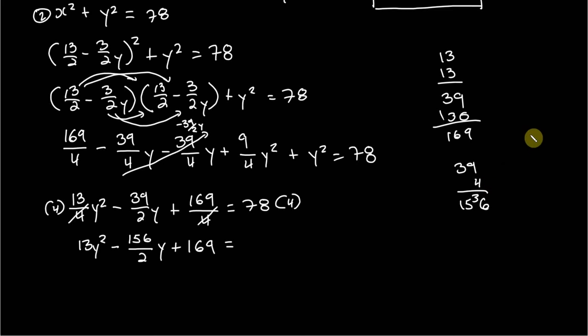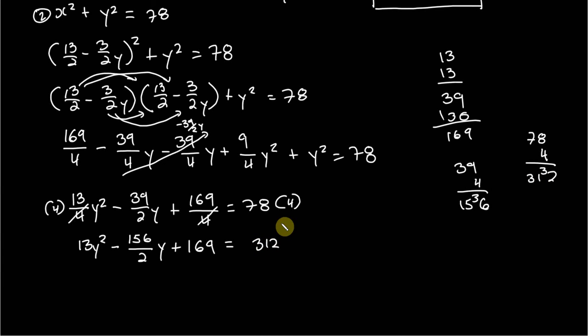And 78 over 4, I don't know that off the top of my head. 8 times 4 is 32, we've got our 3. 7 times 4 is 28, plus 3 is 31, so it's 312. So this equals 312.